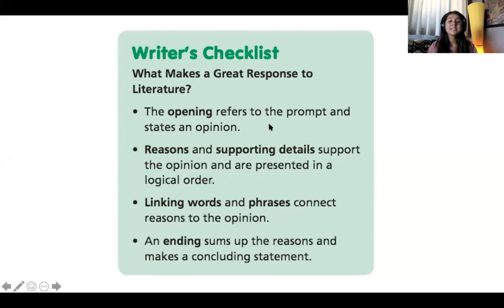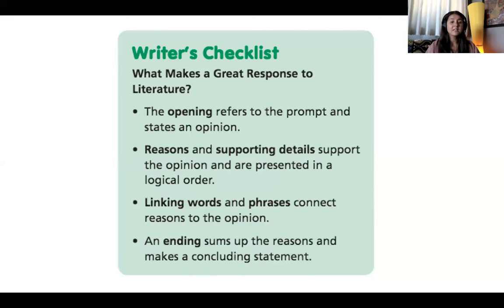Next, reasons and details support the opinion. So, as I've been telling you for a long, long time, when we write our opinion, it's so important to give reasons why you have that opinion and then examples to support that reason. For example, when we wrote about our favorite snack, it's important to say, I think ice cream is the best snack in the world. Ice cream is the best because it is the perfect snack to cool you down in summer.